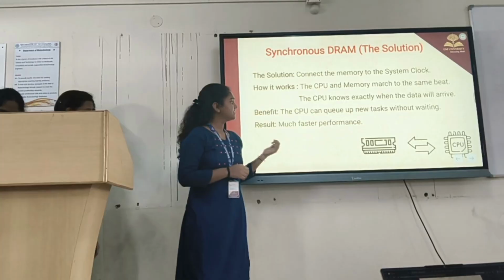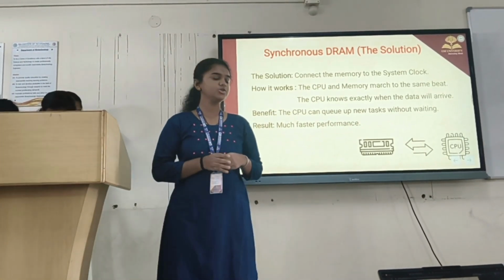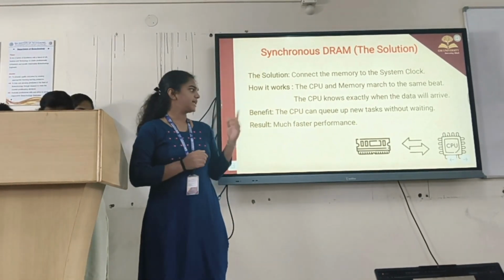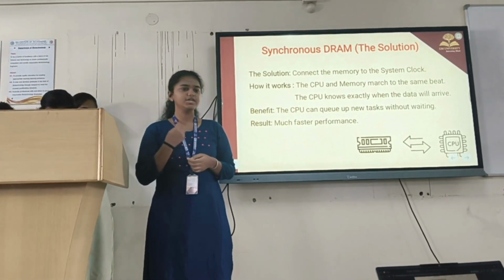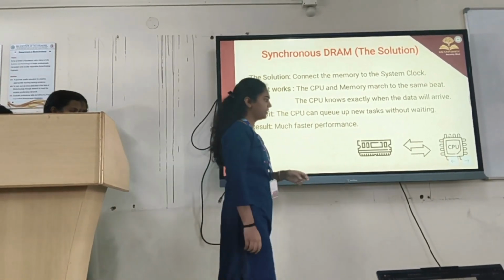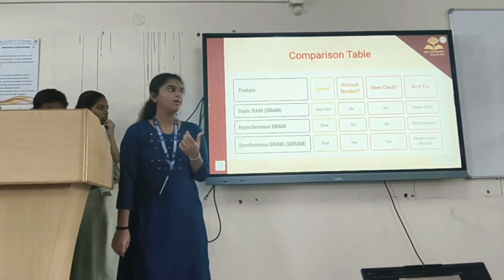In that case, the performance is faster. Any number of instructions will be processed by the CPU. There will be no idle time for the processor. It will be continuously executing the instructions given by the OS. So it is ideal for the modern system.